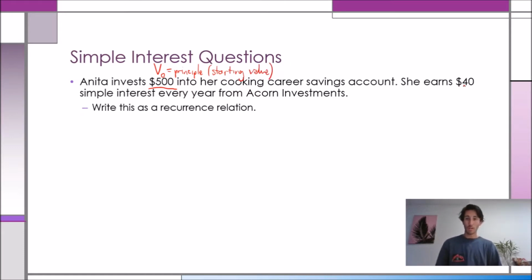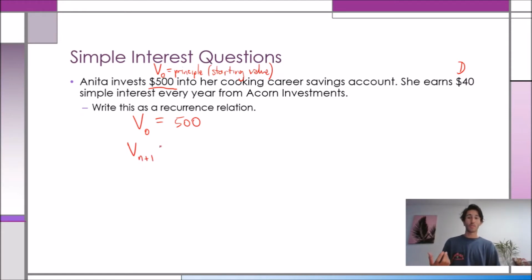And $40 is going to be our D, so that's how much it's changing by each time. Now that makes it super easy to write a recurrence relation. Remember, recurrence relations always start with V0. So V0 equals 500, and then Vn plus 1.